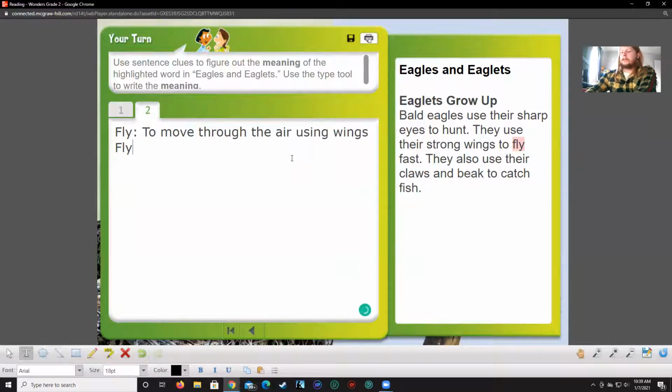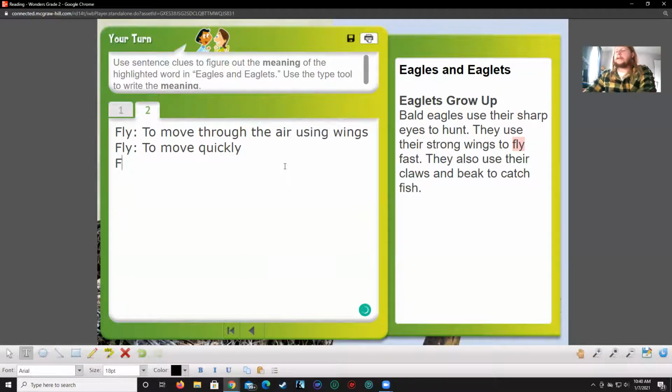But there's also another fly that we can use, which is to move quickly. That's like an English thing. It's like I'm flying down the freeway to get to class. It just means that you're going quickly.